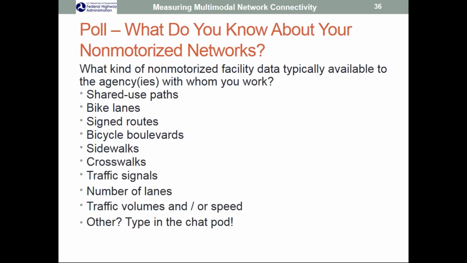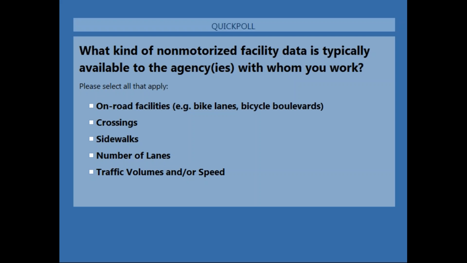And with that, Dan is going to launch another poll asking you to tell us about what you know about your non-motorized networks, and then it's going to pass over to Kim, who's going to give you an idea of how these metrics are actually computed. Yeah, so we just picked a few of these measures, not being able to fit them all. A few of the things that you might have a handle on: whether you have an inventory of some of your on-road facilities, know where your crossing locations are, the presence of sidewalks, maybe the quality of those, number of lanes.